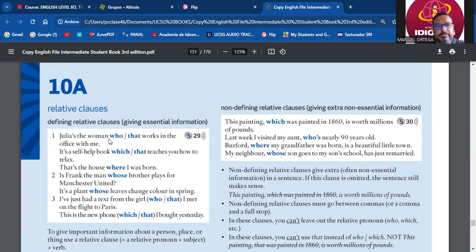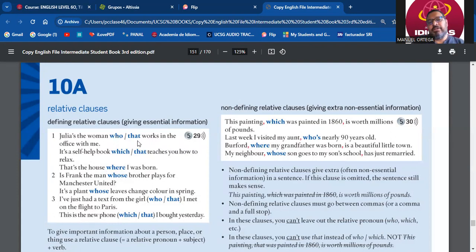Julia is the woman who or that works in the office with me. If I only tell you, Julia is the woman, that sentence makes no sense. We need more information. And then comes what you are going to add. Like we are talking about a person, Julia, you can use who or that.